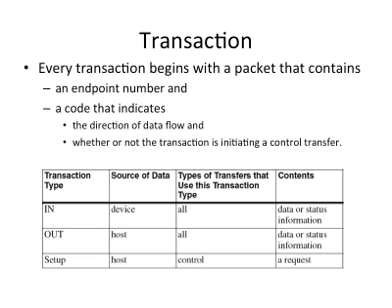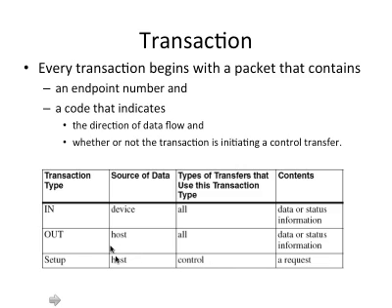Transaction. Every transaction begins with a packet that contains the endpoint number and a code that indicates either the direction of the data flow or whether or not it is initiating a control transfer. So we have this table that lists some of the transaction types. We can have in, so that's going to be from the device to the host, and you can have data or status information going this way.